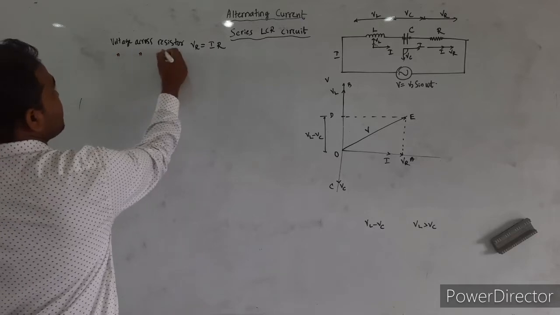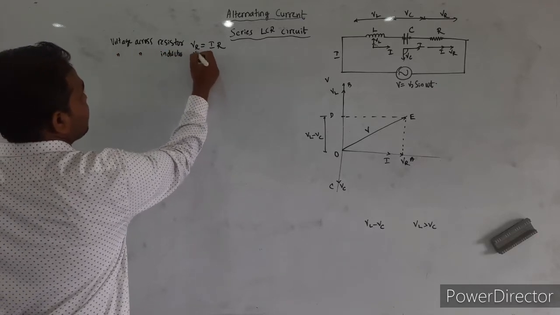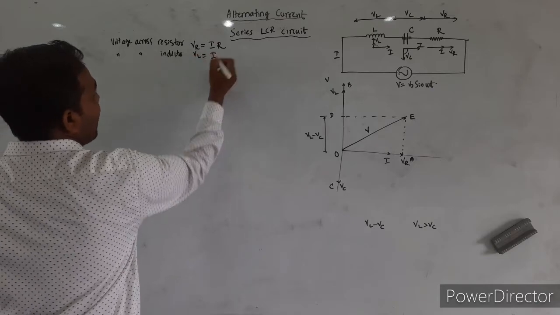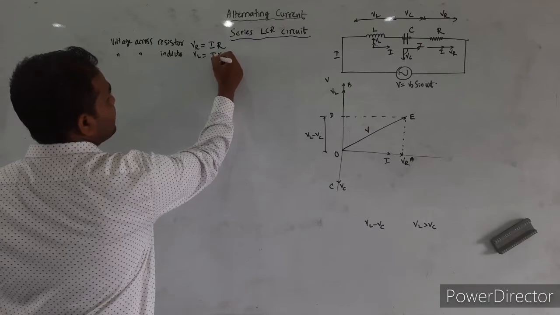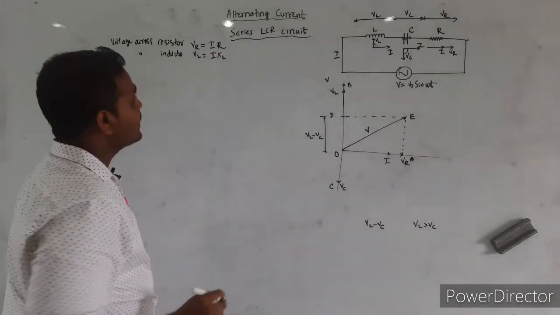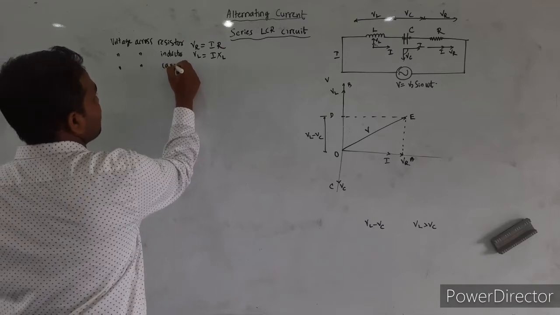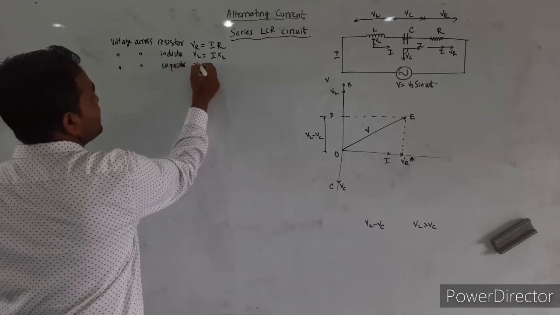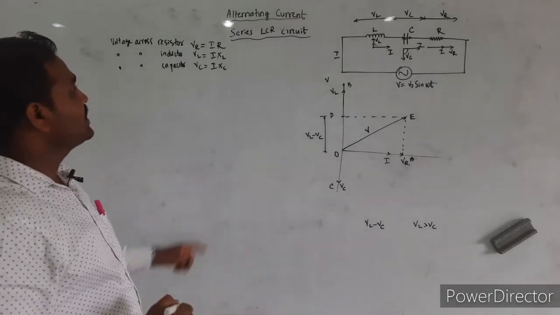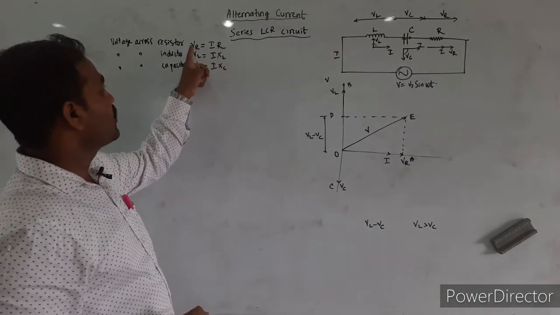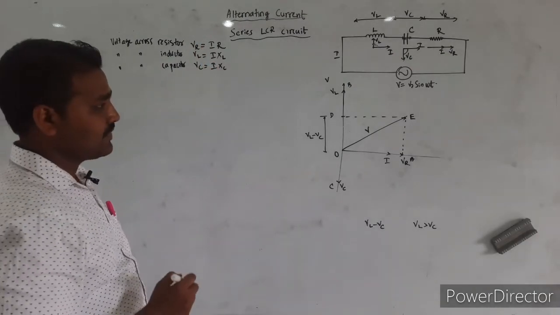Similarly, the voltage across the inductor, we can write VL is equal to I into the reactance of that inductor, that is XL. Similarly, the voltage across the capacitor, VC is equal to what? I into XC. So these are the values of the voltages across the inductor, resistor and capacitor.